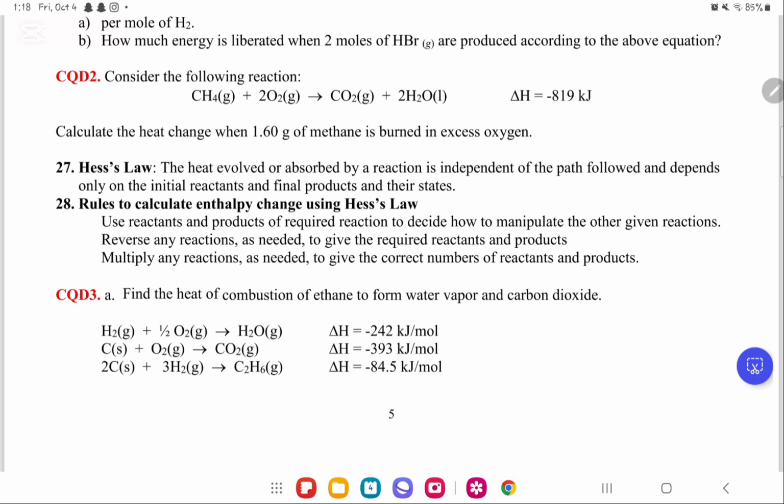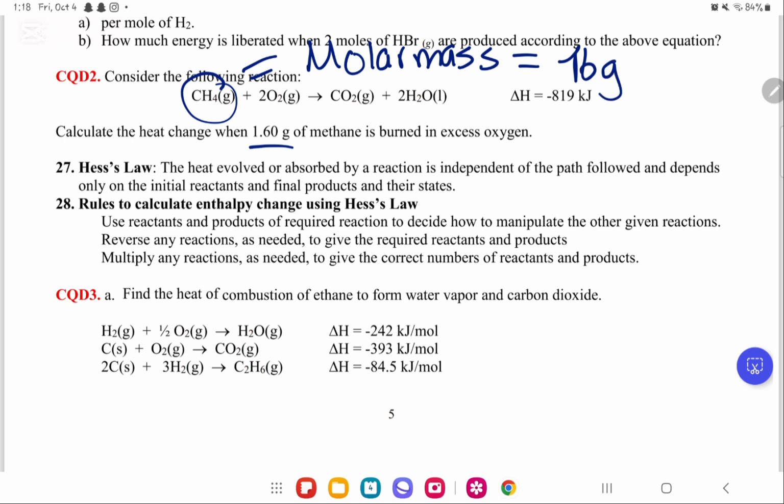Calculate the heat change when 1.6 grams of methane is burned in excess oxygen. Methane is CH4 gas. The molar mass of methane is 12 plus 4, 16 grams. Okay, so now we have the molar mass.